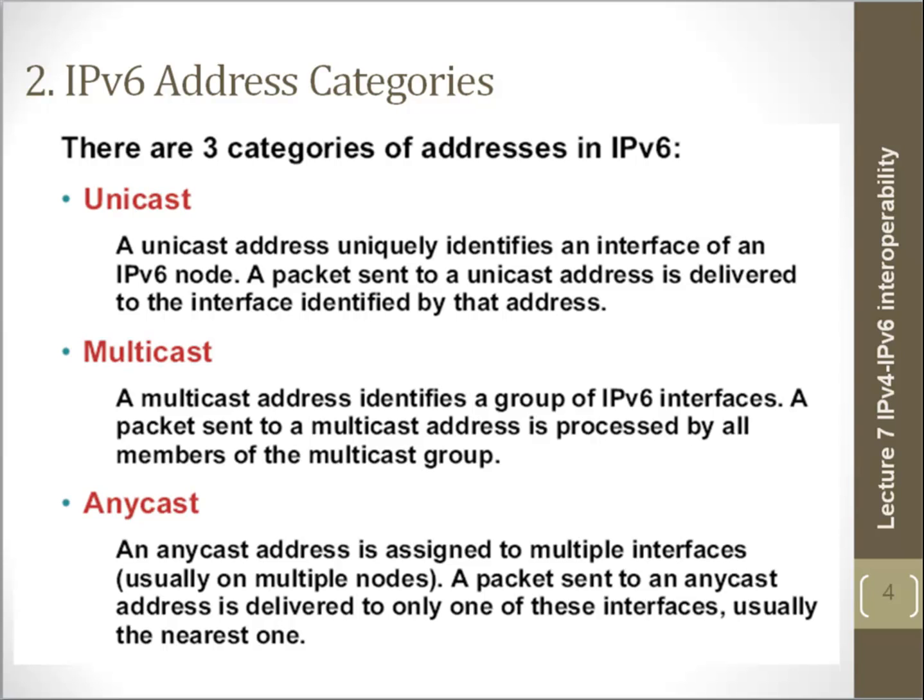The nearest host will then deliver the data, message or packet to all the others in the group. So this is called anycast: one to one to many. This is the anycast concept. These are the three different categories of IPv6 addresses.